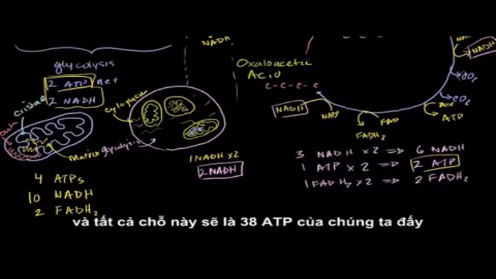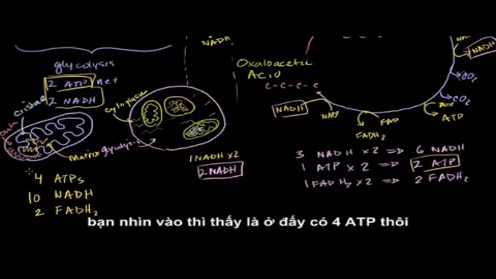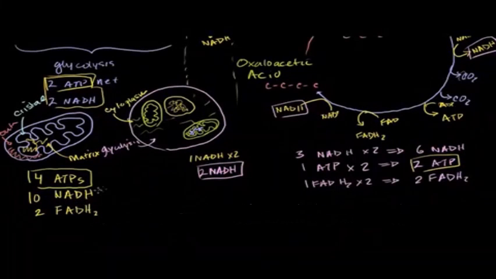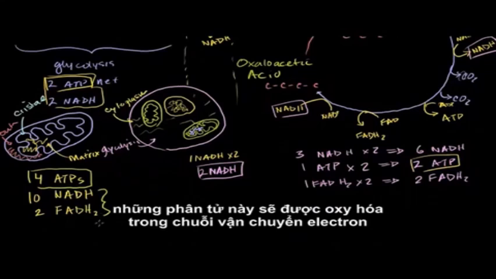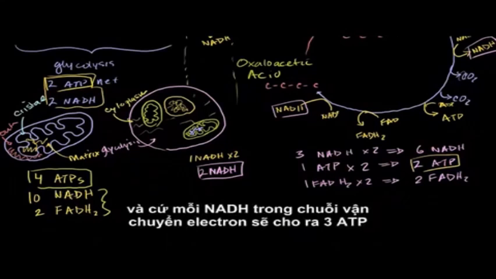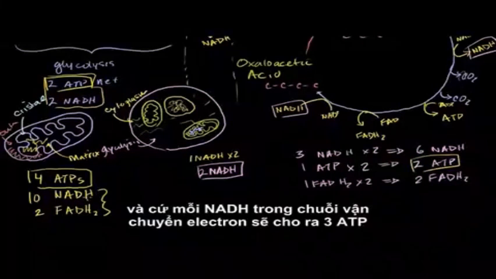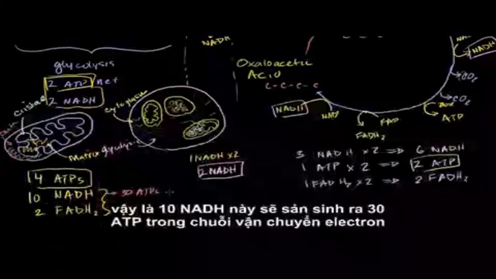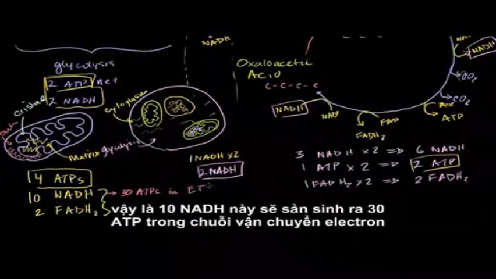And so you might say, hey, where's our 38 ATPs? We only have 4 ATPs right now. But these are actually the inputs in the electron transport chain. These molecules right here get oxidized in the electron transport chain. Every NADH in the electron transport chain produces 3 ATPs. So these 10 NADHs are going to produce 30 ATPs in the electron transport chain.